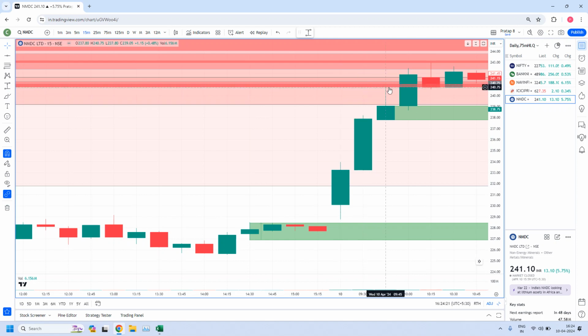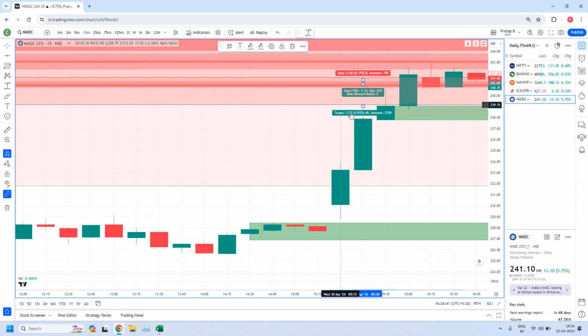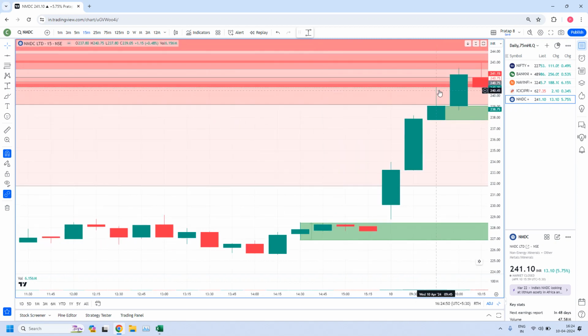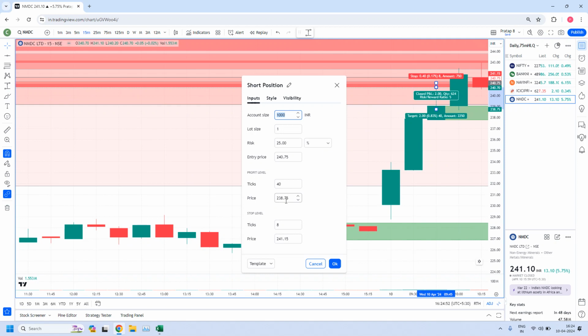See from here, we have 1:5 RR here. From here up to here. I'm sorry, let me double click in the properties, we will tell.